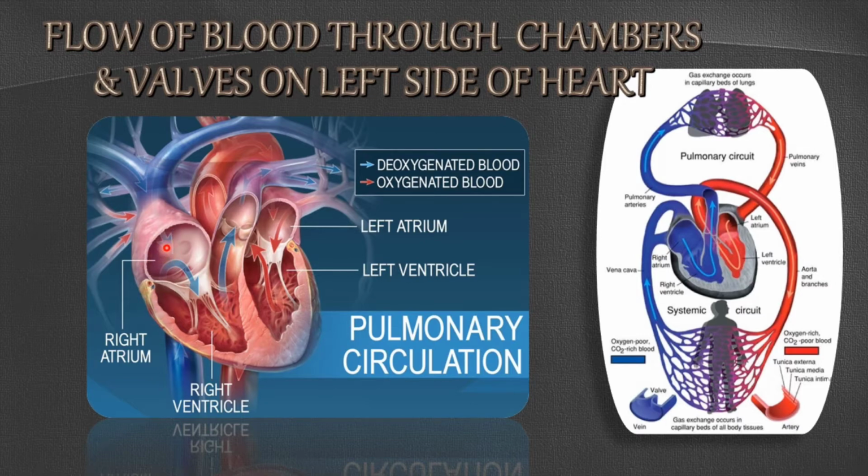So these are two openings within the right atrium, plus there is a coronary sinus opening. The coronary sinus brings the blood returning from the cardiac wall itself. The wall of the heart is also supplied by blood.